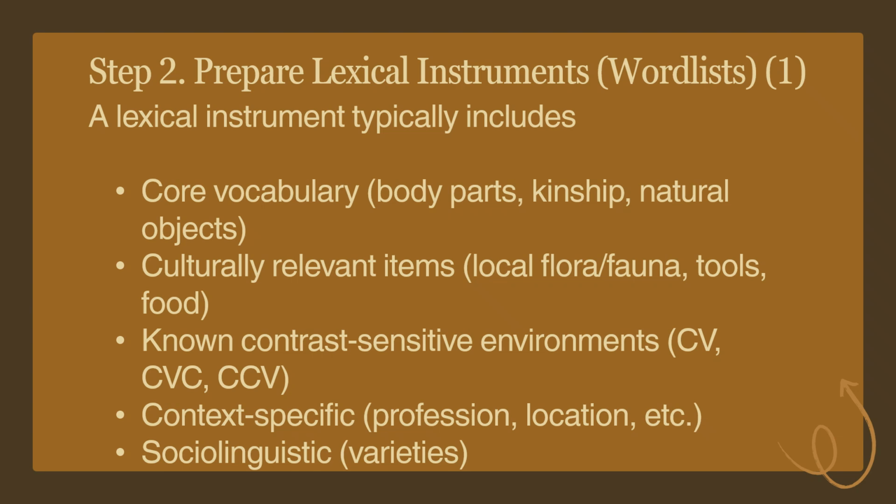Step 2. Prepare lexical instruments. A lexical instrument, typically a word list, is designed to elicit specific speech sounds. A phonetic word list usually includes core vocabulary such as body parts and natural objects, culturally relevant items like tools, food, and local flora or fauna, words representing contrast-sensitive environments such as CV, CVC, and CCV structures.